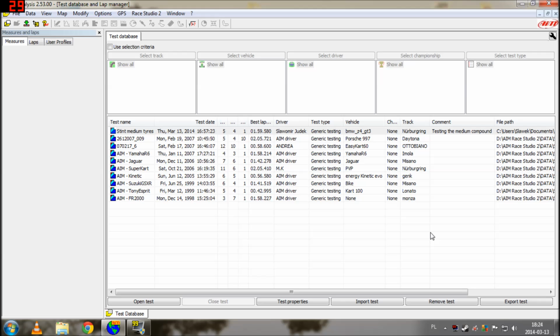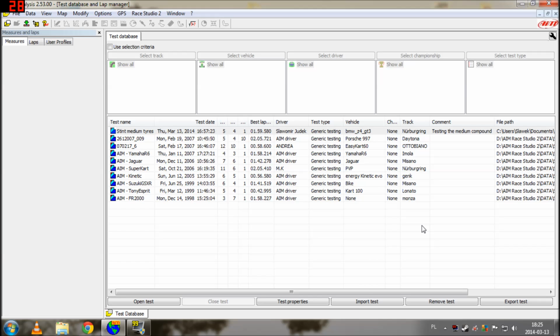I hope you find it interesting, but it's going to be a long video because I want to analyze every corner. And of course, I'm going to analyze only the driver's inputs. I'm not going to focus on the car itself. I only show you what the driver does behind the steering wheel.